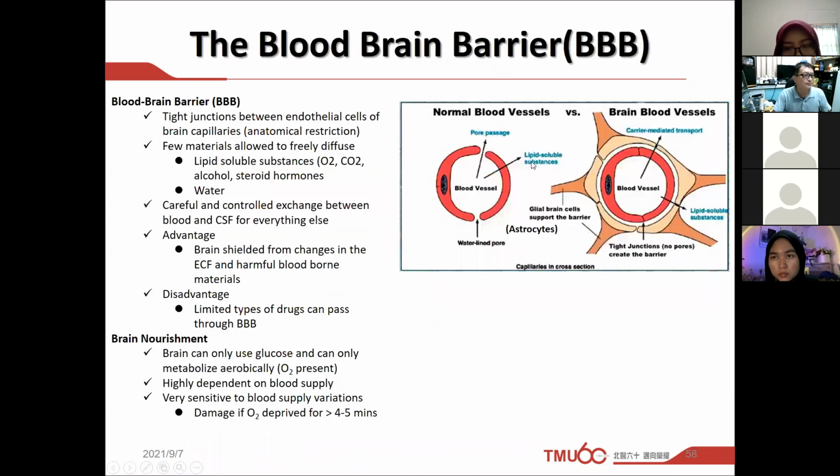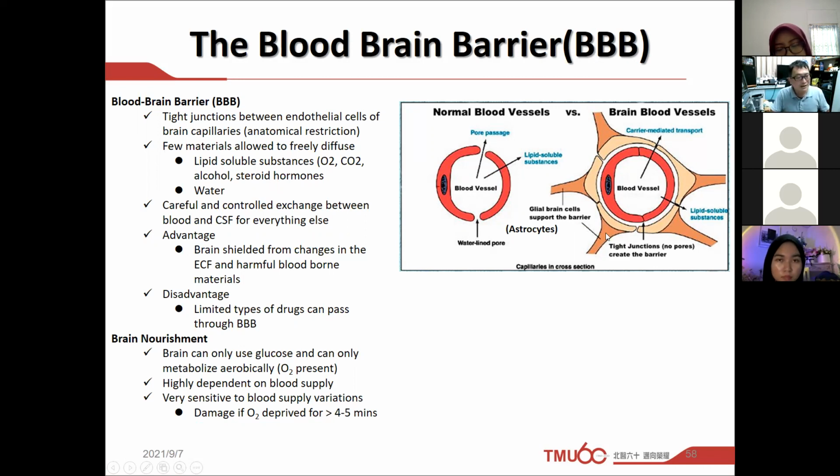Okay, here is the BBB structure I mentioned before, right? For example, here is a normal blood vessel. You can see the endothelial cells. The endothelial cells have gap junctions that allow molecules to go through and penetrate into the cells, for easy exchange of nutrients, right?